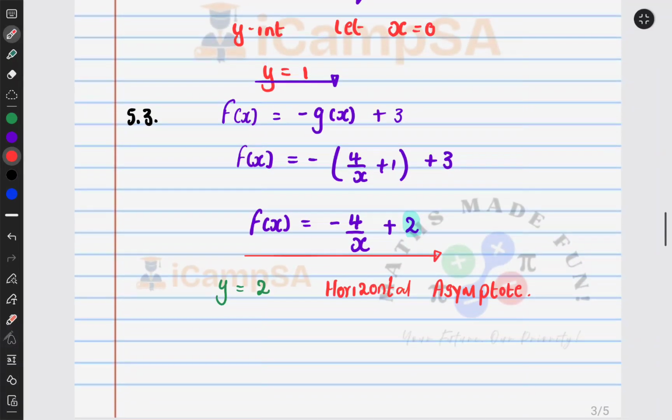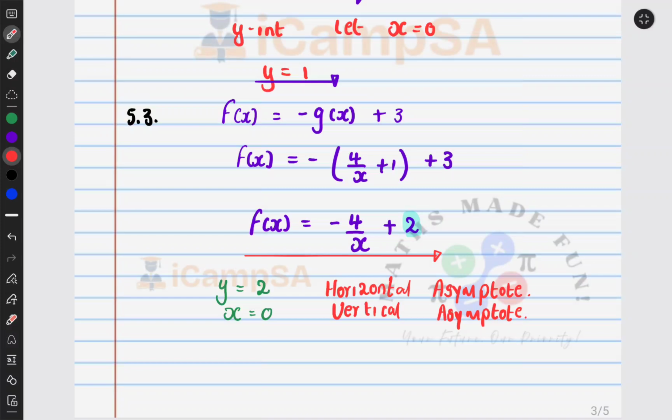Okay, and then what's the vertical asymptote? The graph hasn't been shifted sideways, so x is equal to 0. That will be our vertical asymptote. Okay, and that is how you will go about answering that one.